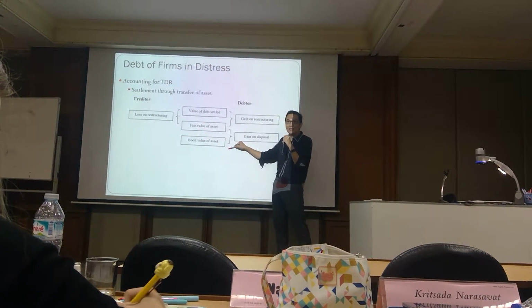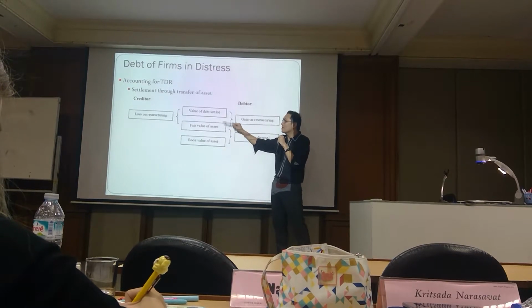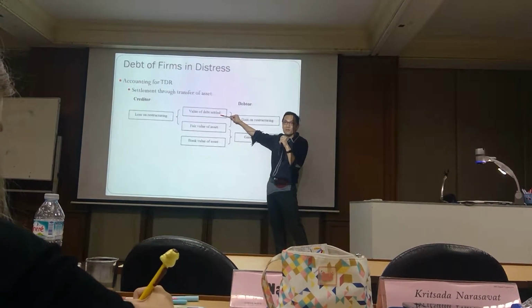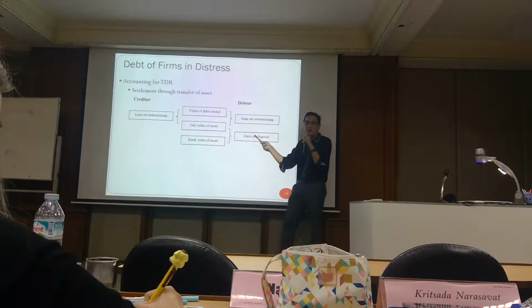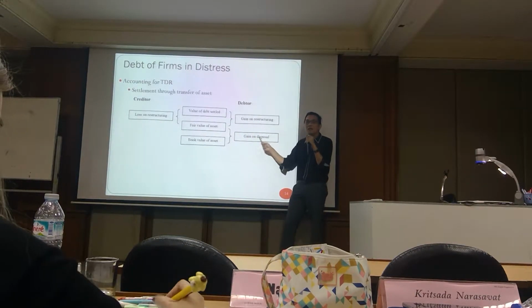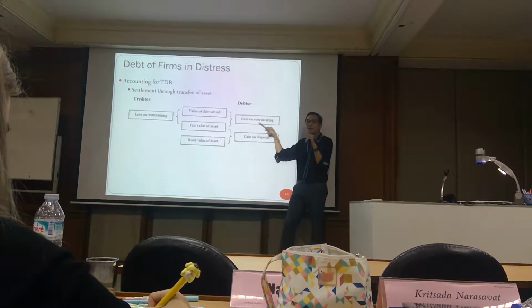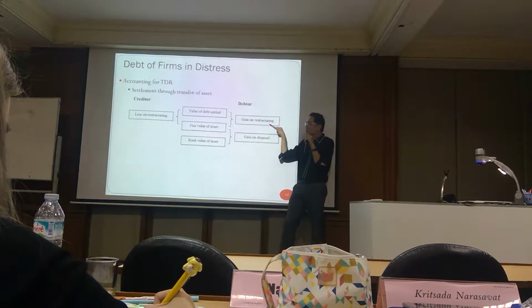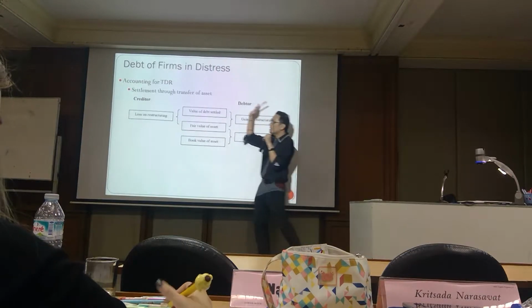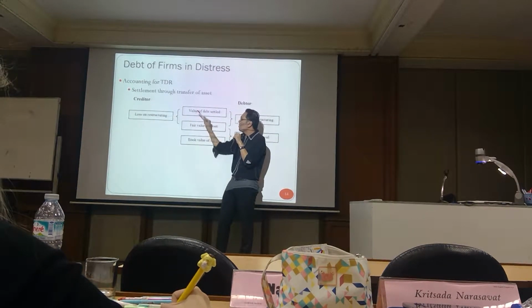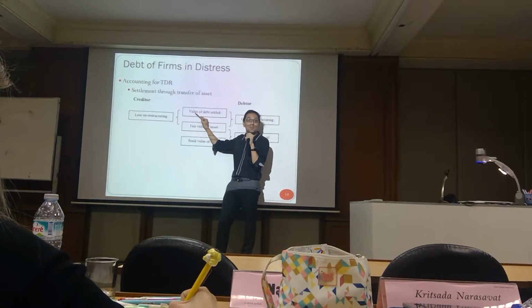So you have a gain from the book value to the fair value. This is one gain. And another gain is what? From the fair value to the value of the debt that you want to settle. So you got two separate gains. The first gain we call gain on disposal of the land. The second gain we call gain on restructuring. So if you turn to your creditors, what happened? Value of debt is about 72.